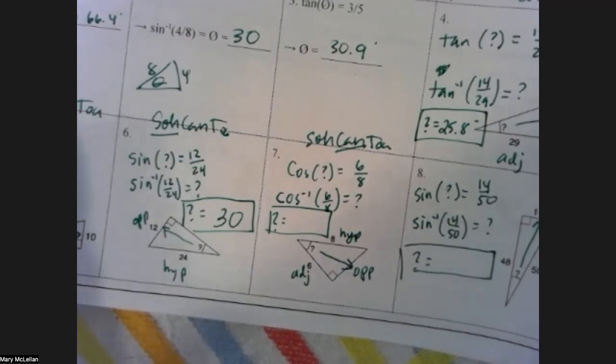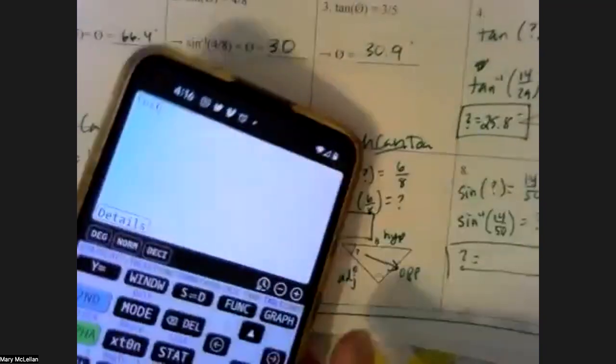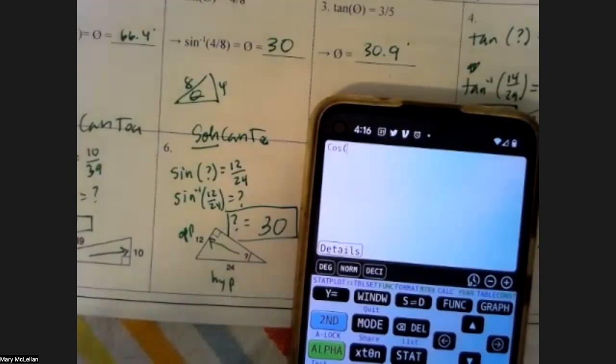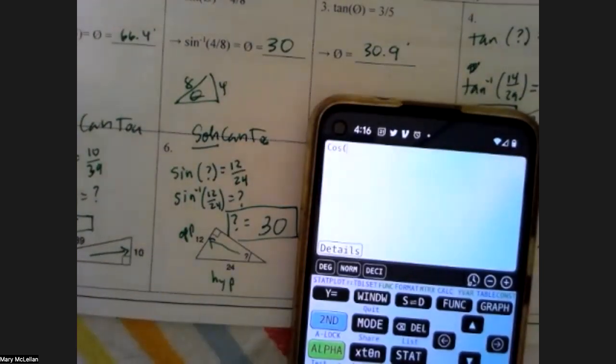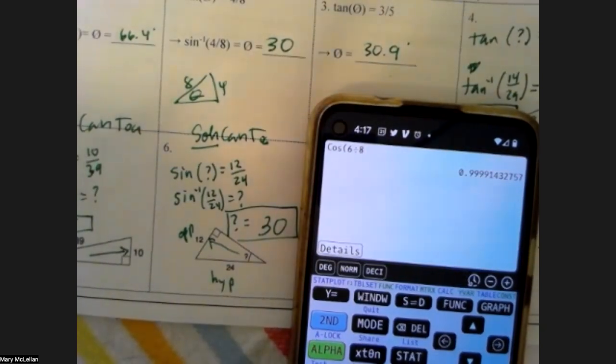I knew I was wrong. Okay. So if you were to put this in as cosine, I'm going to show you my error. If you do cosine of 6 divided by 8, that's a pretty small number. I know that cosine of 0 is 1, and cosine of 6 over 8 should be almost the same thing. But this is not the right answer because I'm not trying to find the cosine. I'm trying to find the inverse cosine.